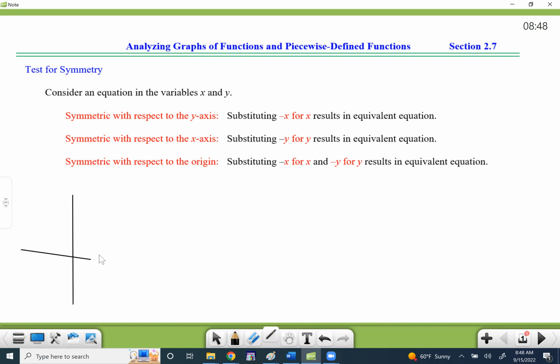So symmetric with respect to the y-axis, right? That might be something like a parabola. Whatever you see on one side of the y-axis, remember this one's the y-axis, you're going to see the same exact thing on the other side of the y-axis. Okay, so there's an example of symmetric to the y.